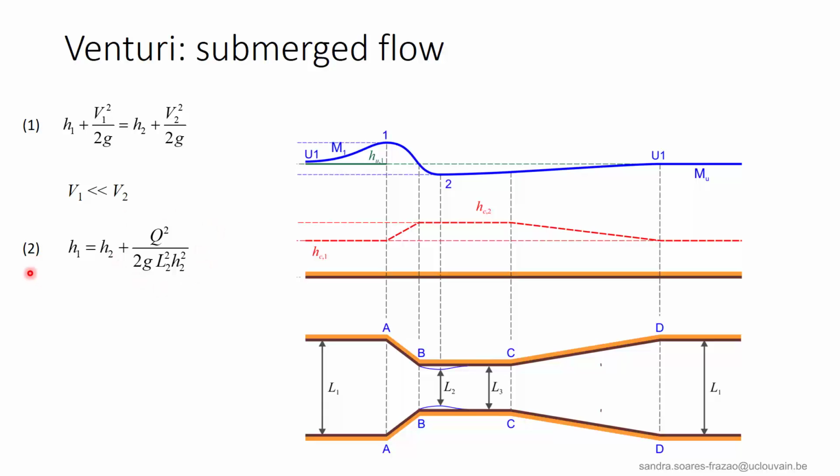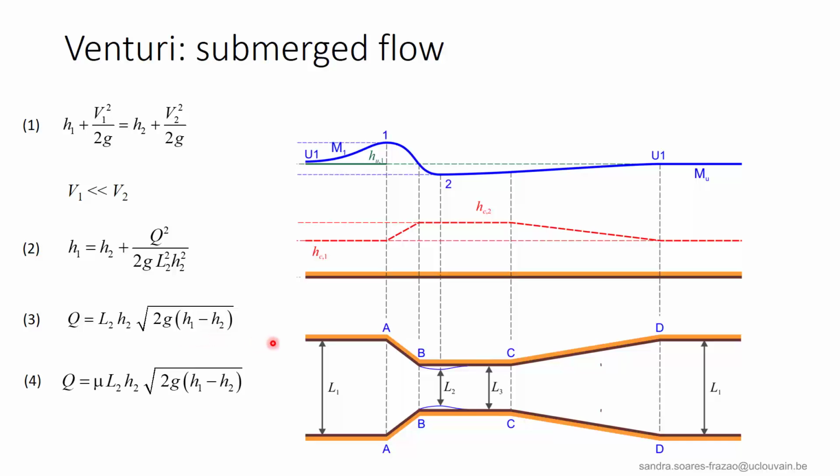Remember, the cross-section is rectangular. Finally, rearranging the terms, we obtain equation 3 that allows to deduce the discharge from the simple measurement of the water depth at point 1 and at point 2.